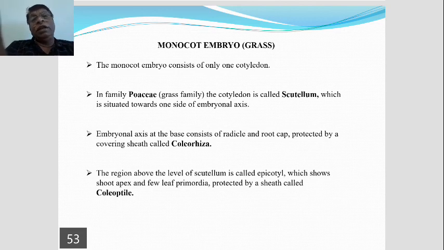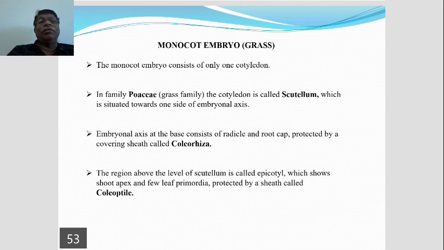So we have seen the dicot embryo and the monocot embryo. Note the differences between monocot and dicot. In dicots we have two cotyledons, and in monocots only one cotyledon.